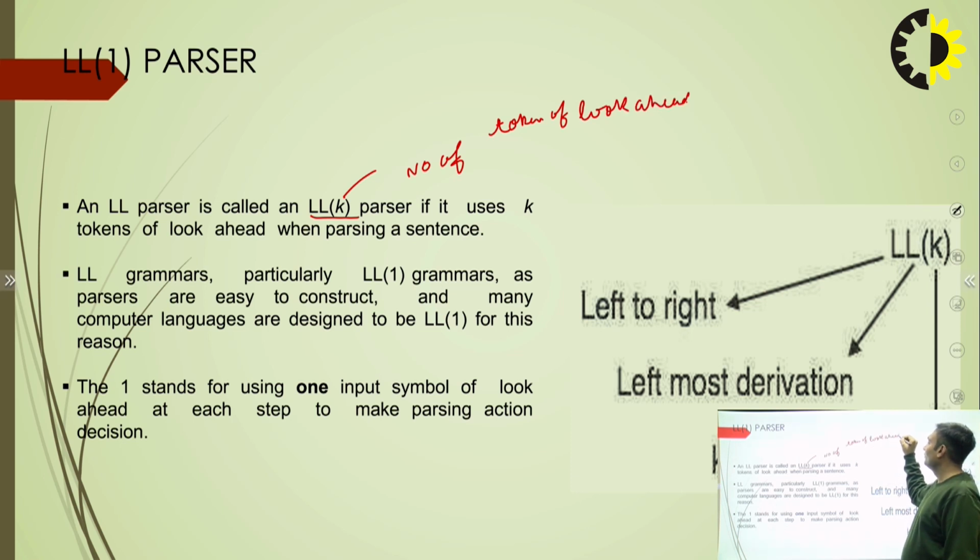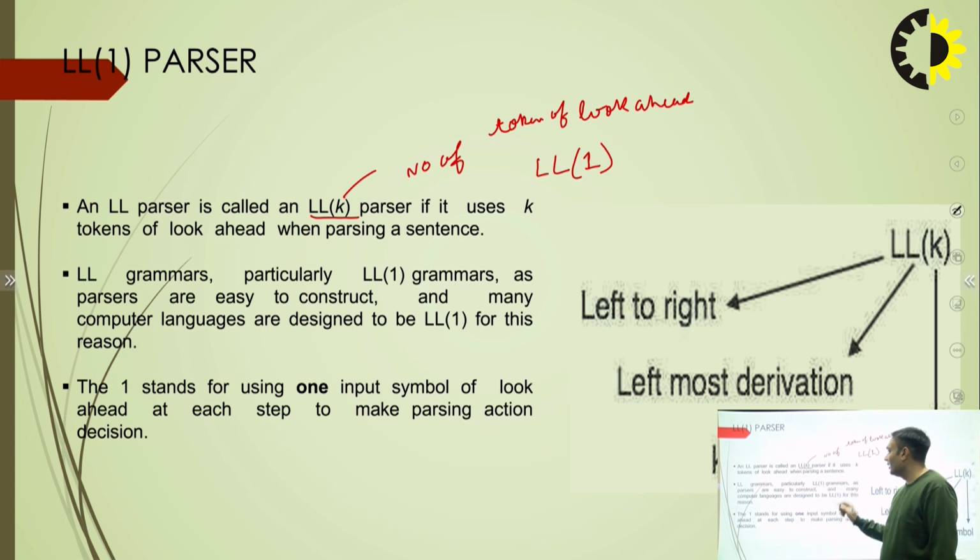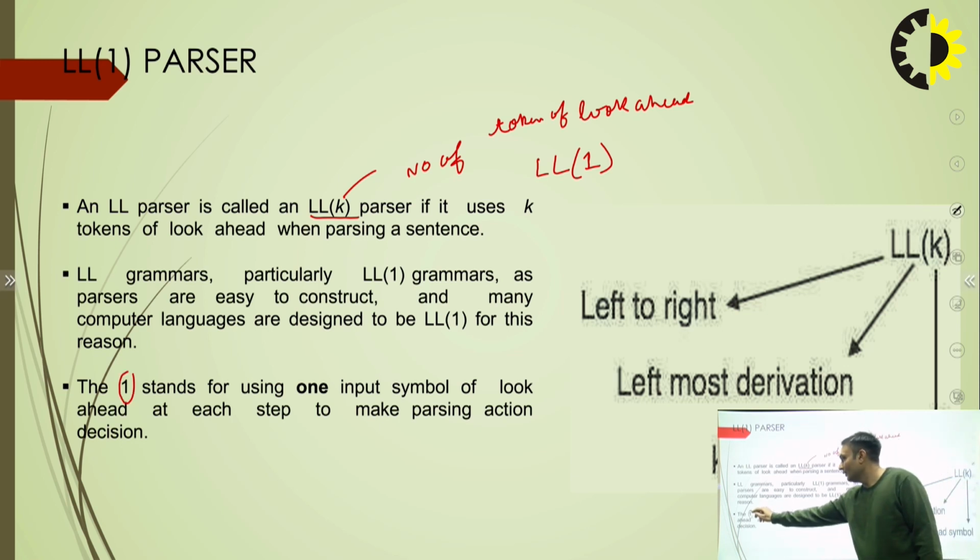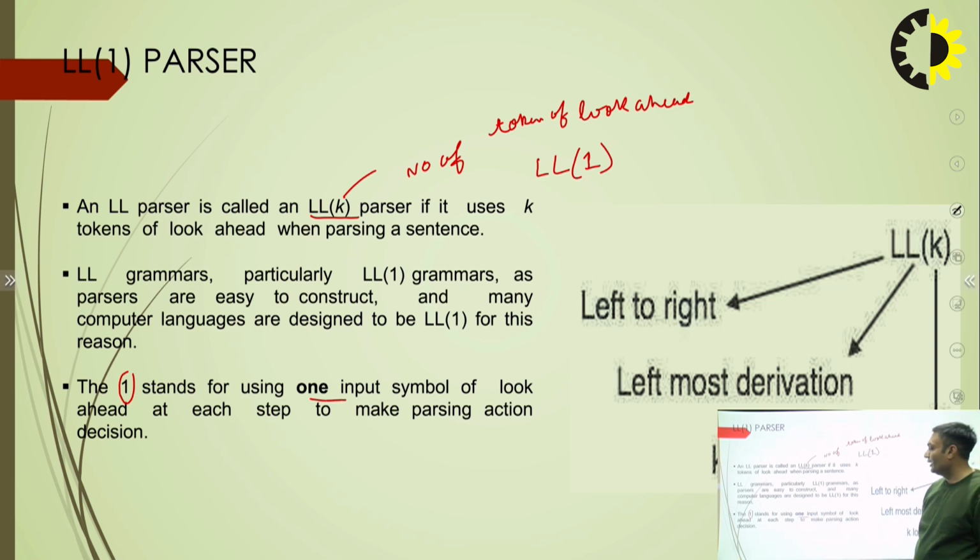If there is one token of look ahead as an input to this parser, it will be called an LL1 parser, right? So LL grammars, particularly LL1 grammar parsers, are easy to construct, and many computer languages are designed to be LL1. And this one, as I told you, uses one input symbol of look ahead at each step to make the parsing action decision.